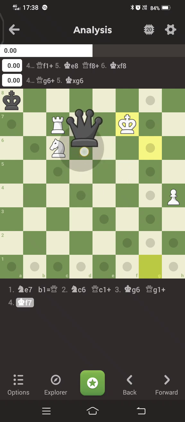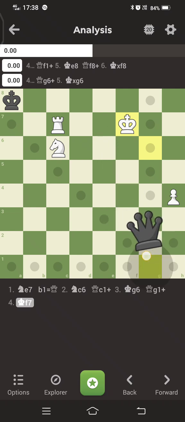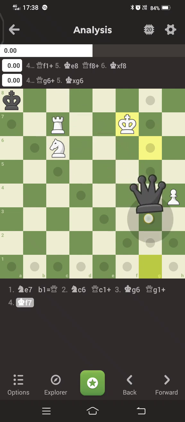If the queen comes here, d6, it can give check and at the same time, next move, take the rook. So if the queen can give a check along this diagonal to the king, then white will lose the game.